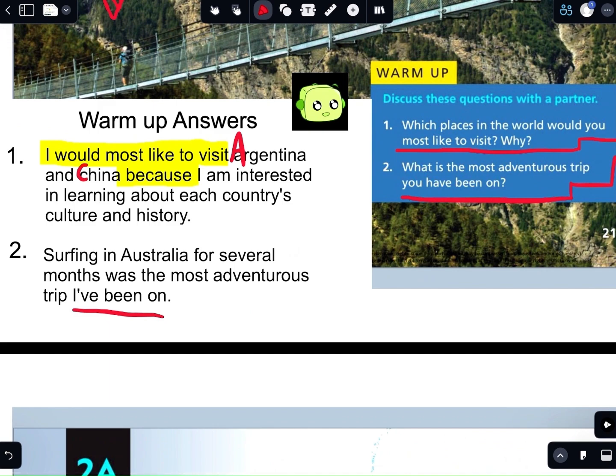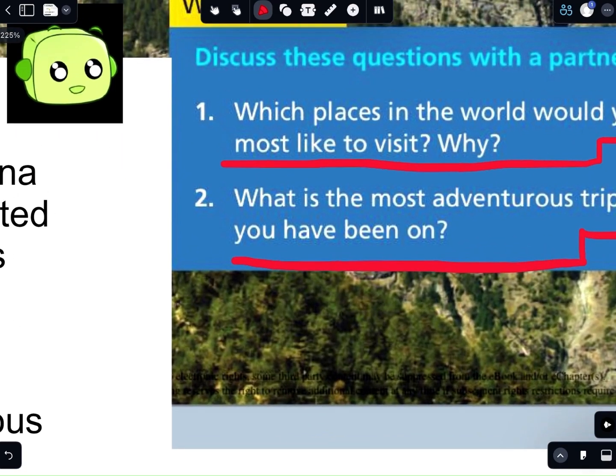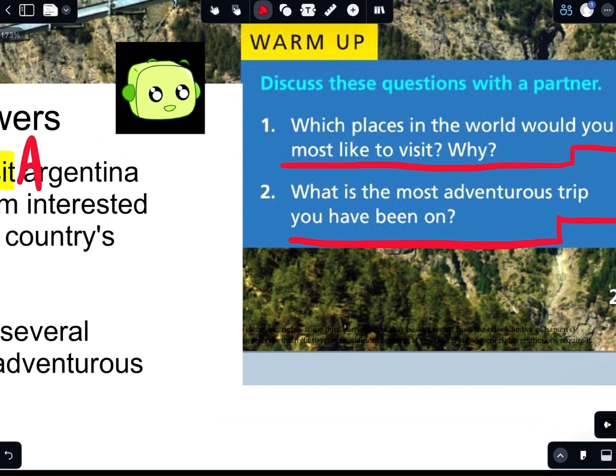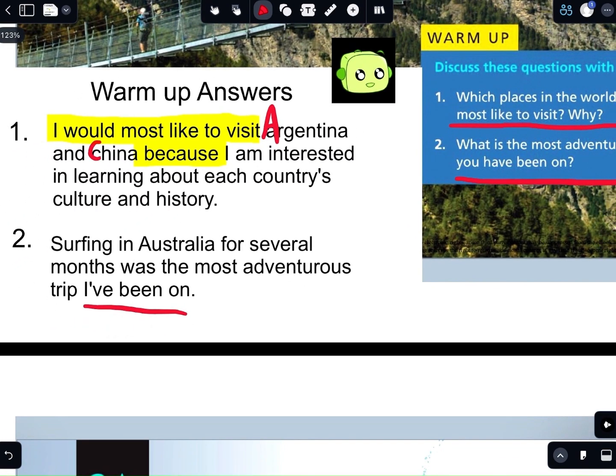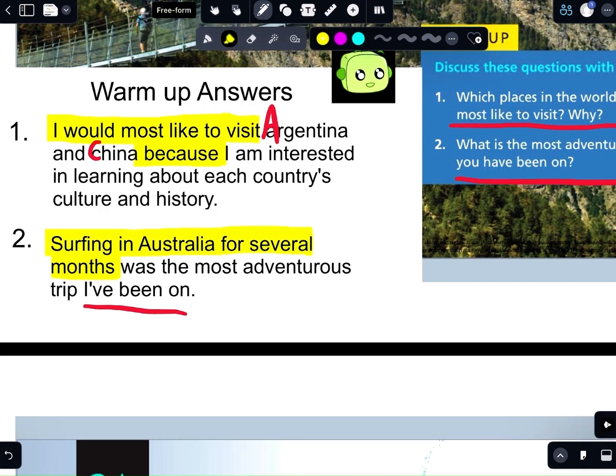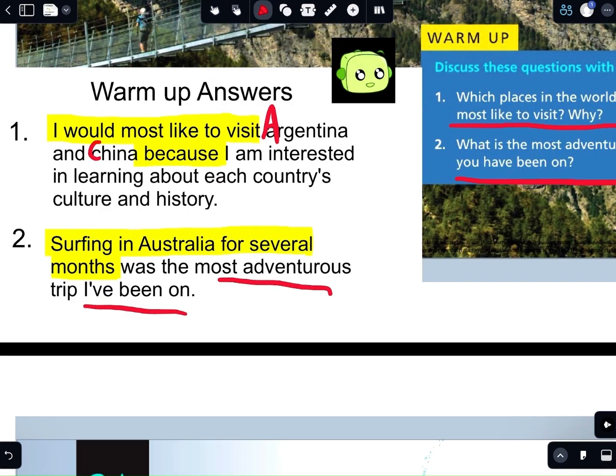I didn't answer the question right away by saying what is the most adventurous trip I've been on, and then give the answer. I actually reversed it. I gave the description of my trip, surfing in Australia for several months, and then I used the question, was the most adventurous trip I've been on?